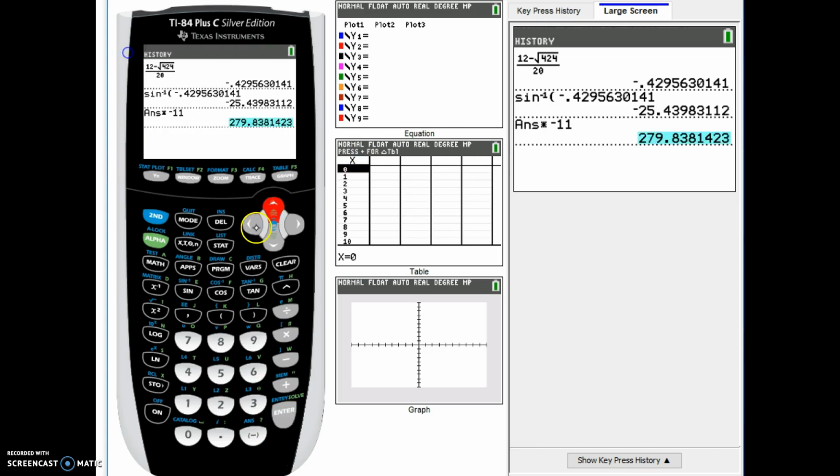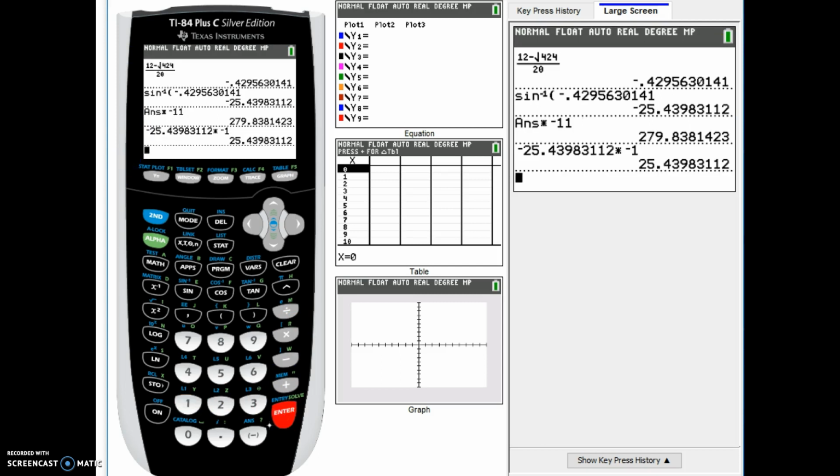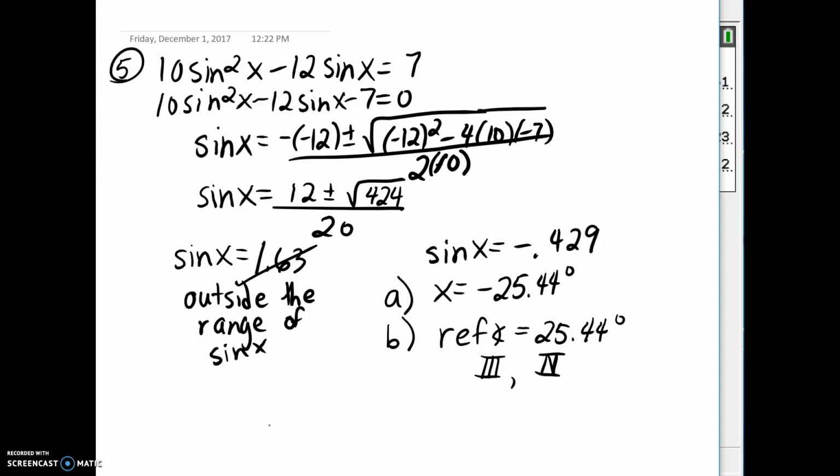And then I can use that as my reference angle. So I can do 180 plus the 25.44. And actually, I wouldn't really even need the calculator for that. And then I could do 360 minus.